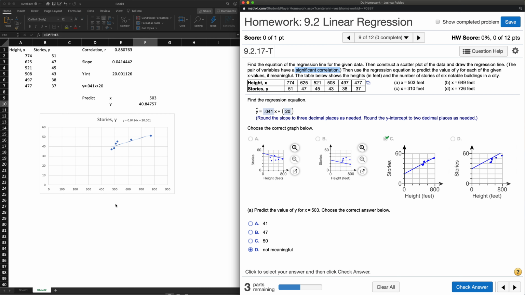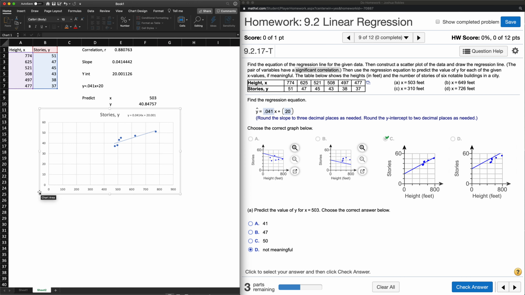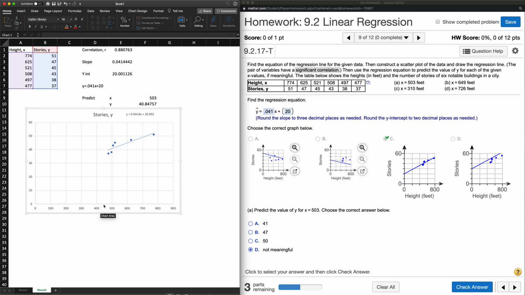Graphically may be a nice way to do this here. We can see our x values go from a little less than 500 to a little less than 800. Our smallest x value is 477, and our largest x value is 774. So I should not predict outside that range.